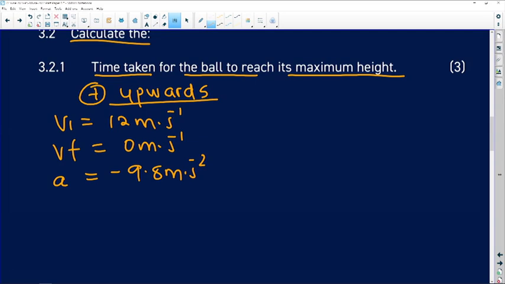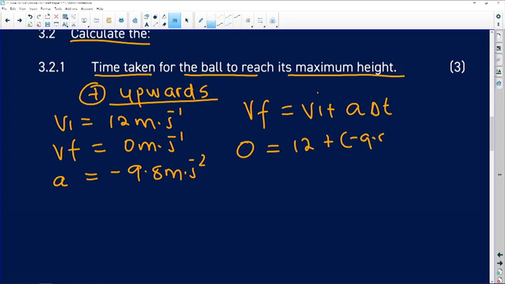Why negative? Because we have chosen upwards as positive. Therefore our formula is VF equals VI plus acceleration times change in time. We have 0 on this side, and 12 as our VI plus negative 9.8. We are looking for the time.